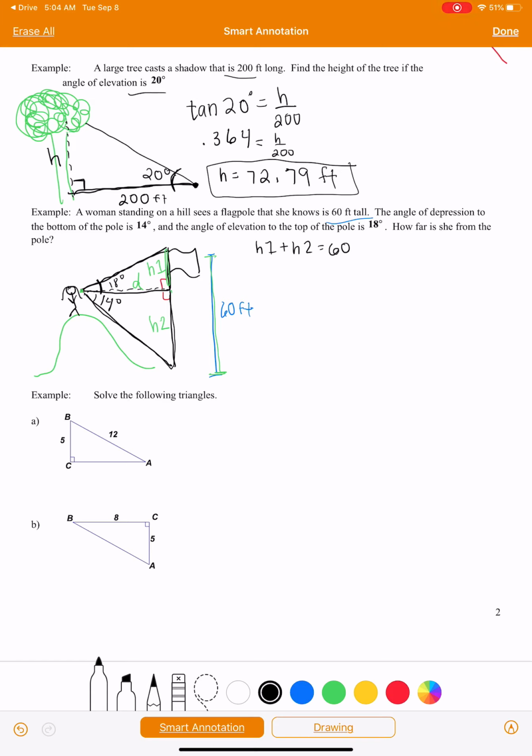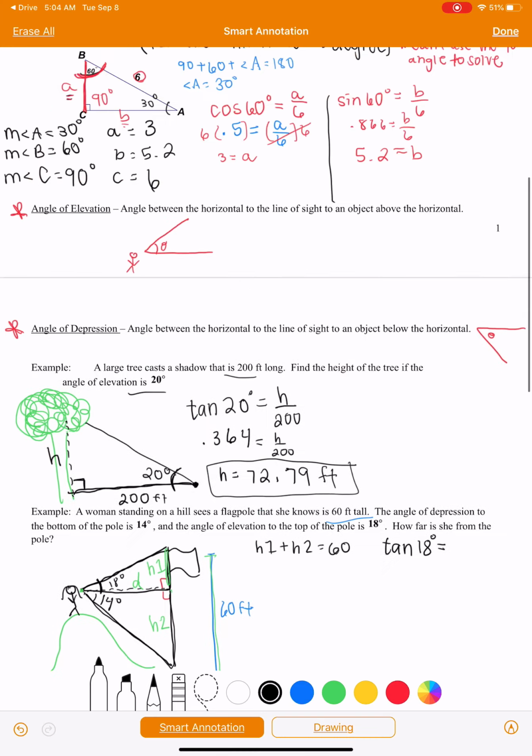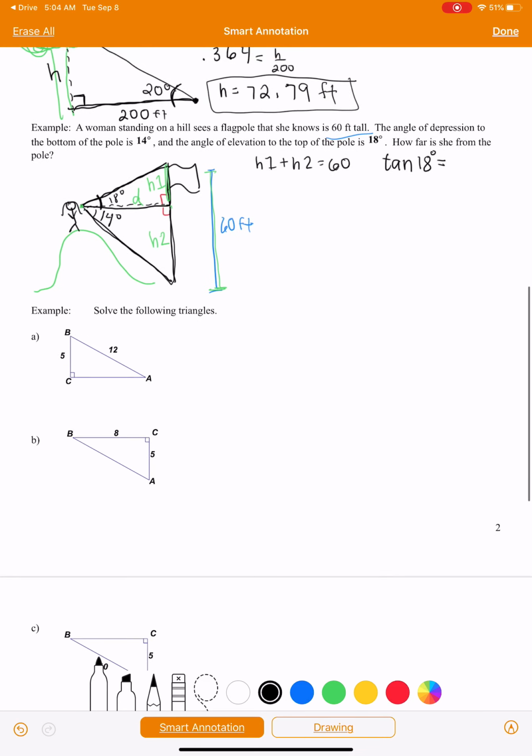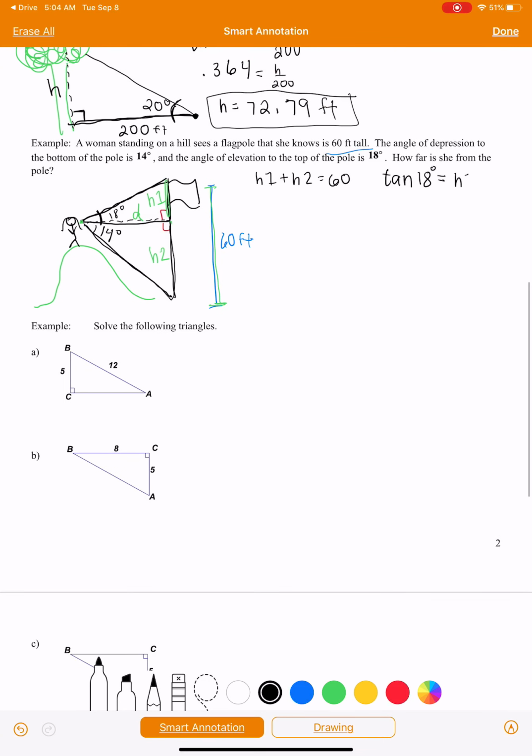All right, so I have tangent of 18 degrees equals opposite over adjacent. Opposite of 18 degrees is the height 1. Adjacent is that distance D. And very similarly, if I'm looking at my bottom triangle and using 14 degrees as my reference angle, I have opposite of the angle, which is height 2.